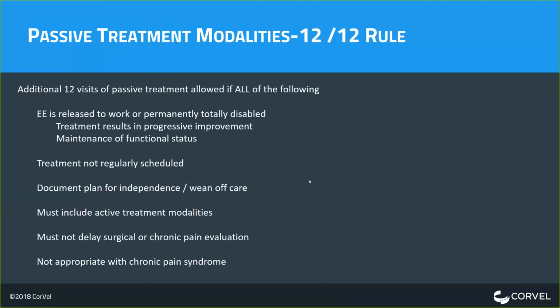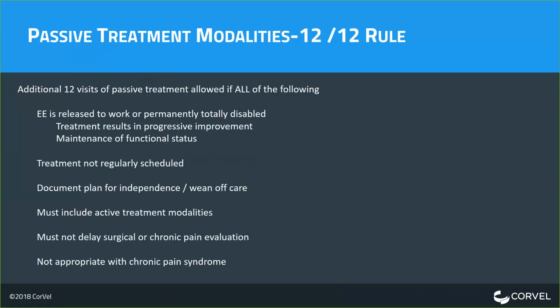Now, there's the 12-12 rule that is also in all 4 of these sections. There are requirements that need to be met before a provider can proceed with treatment, though, under the 12-12 rule. The 12-12 rule says that additional 12 visits of passive treatment are allowed, and these are 12 visits over 12 months.